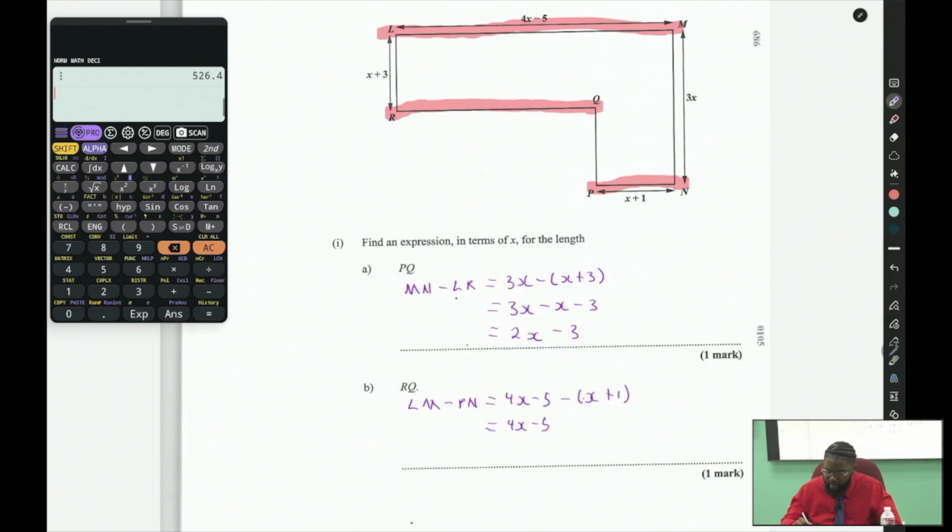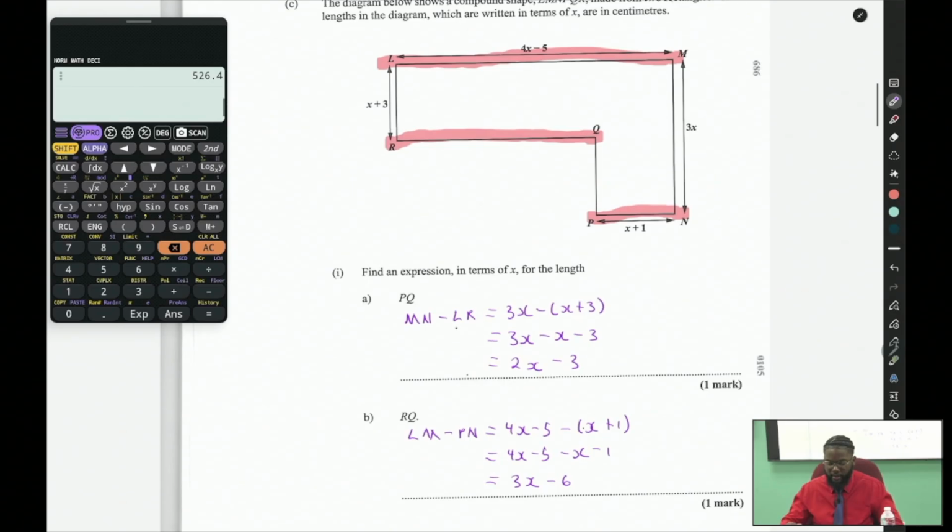We simplify the negative inside the x plus 1, which would give us negative x and a negative 1. Continue simplifying. We're going to use the like terms, 4x minus x, which will give us 3x. Then the constants, negative 5 minus 1, should give us negative 6. All right? Pretty simple.